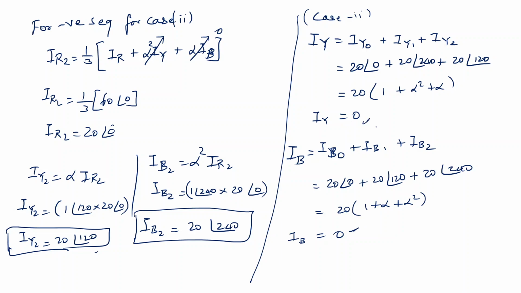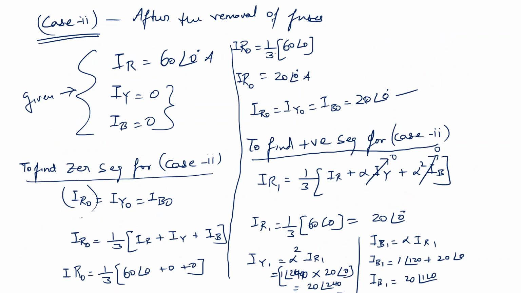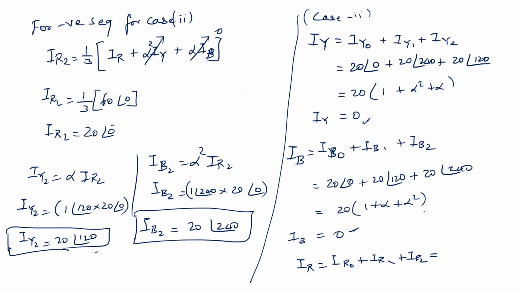Now if I find IR, what is the value? IR0 plus IR1 plus IR2. Tell me. IR0 is 20, IR1 is 20, and IR2 is also 20.